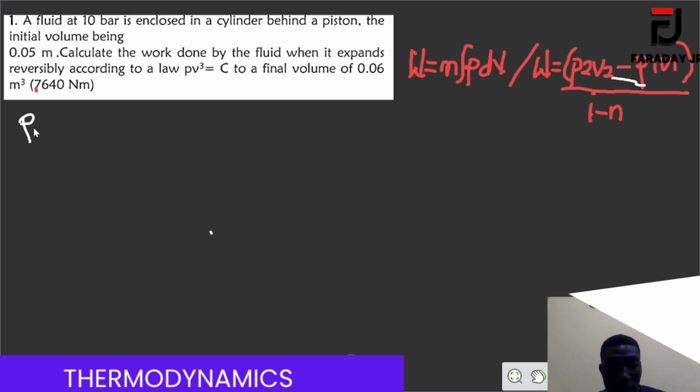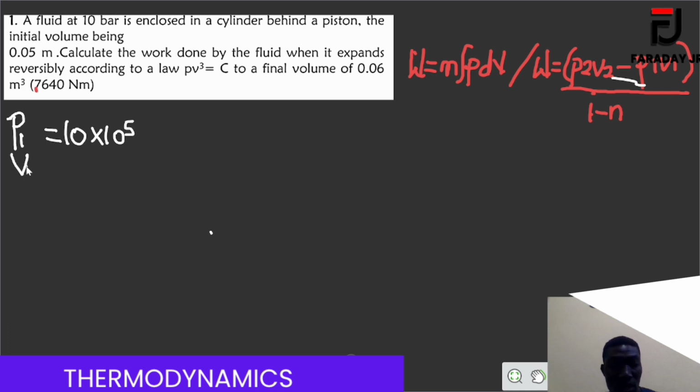So we have our P1 here, which is equal to 10 times 10 raised to the power 5. That is the bar. So the bar means 10 to the power 5.